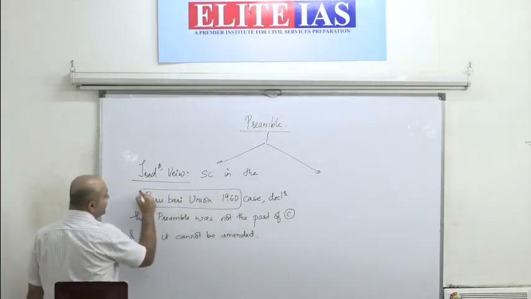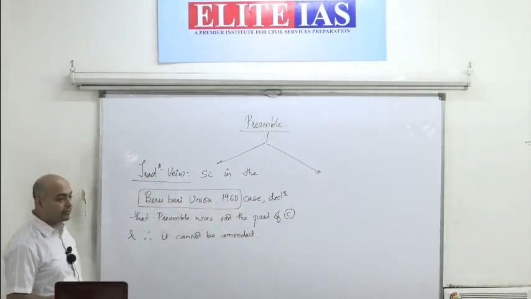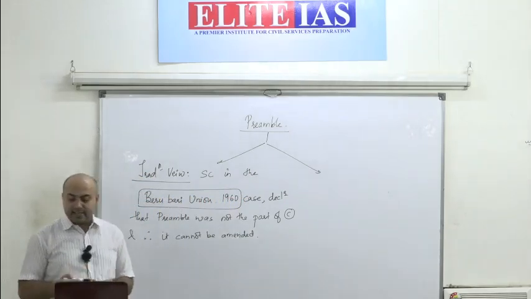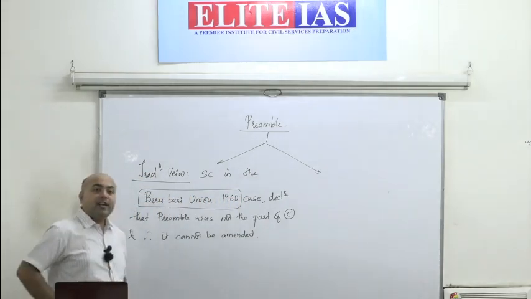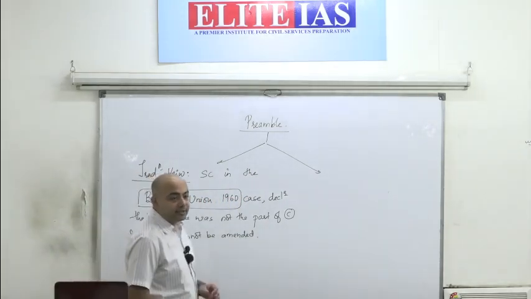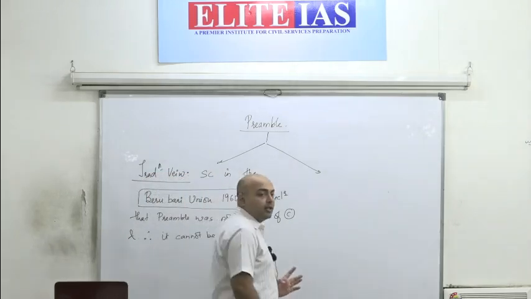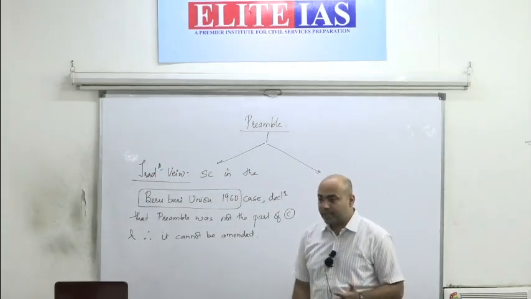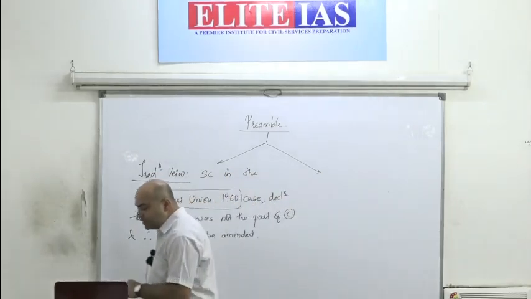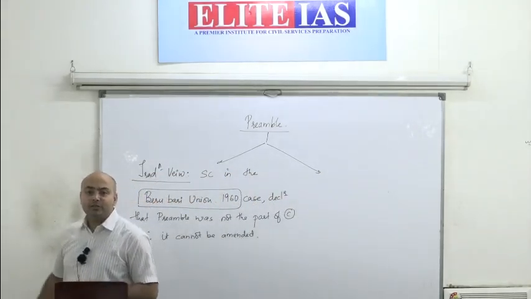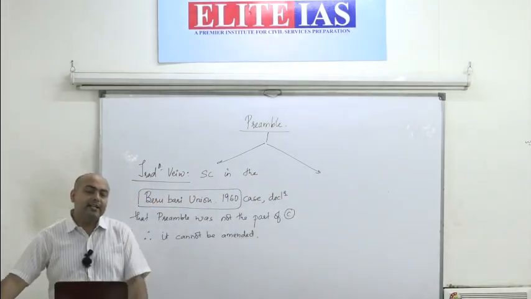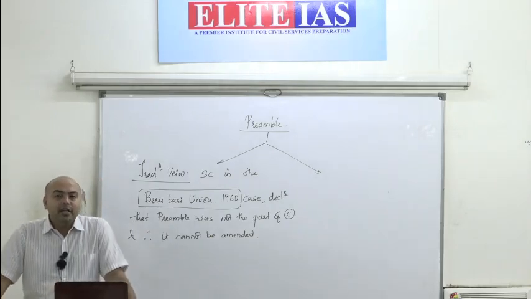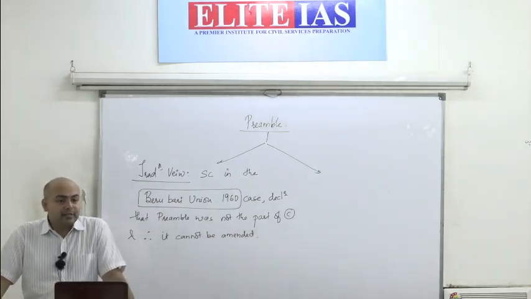We are going to repeat this case later on as well, and you would find that the Supreme Court was very clear in this case, wherein it said that no, the preamble is not a part of our constitution. Basically, the Berubari Union case was about a territorial dispute in the 1960s between India and Pakistan, East Pakistan, that is Bangladesh currently.